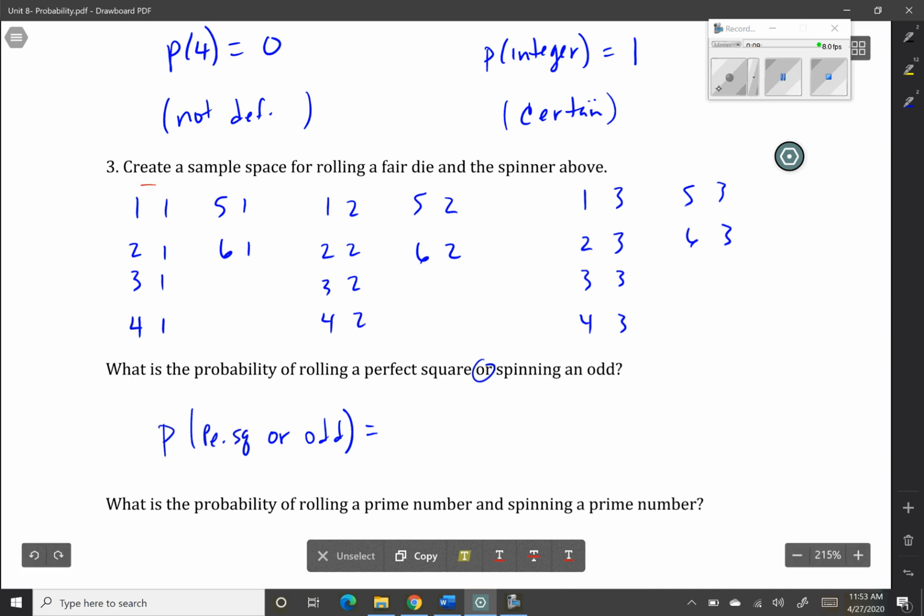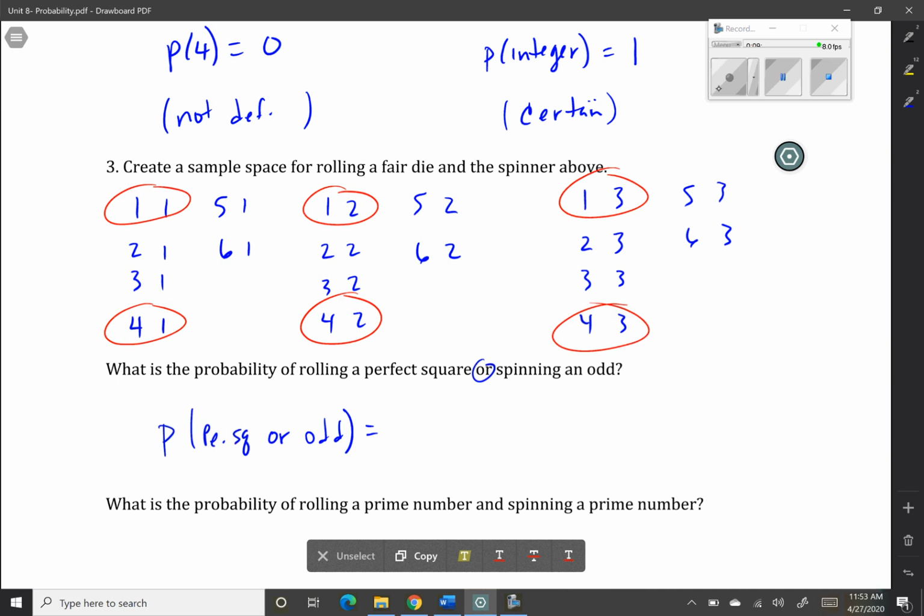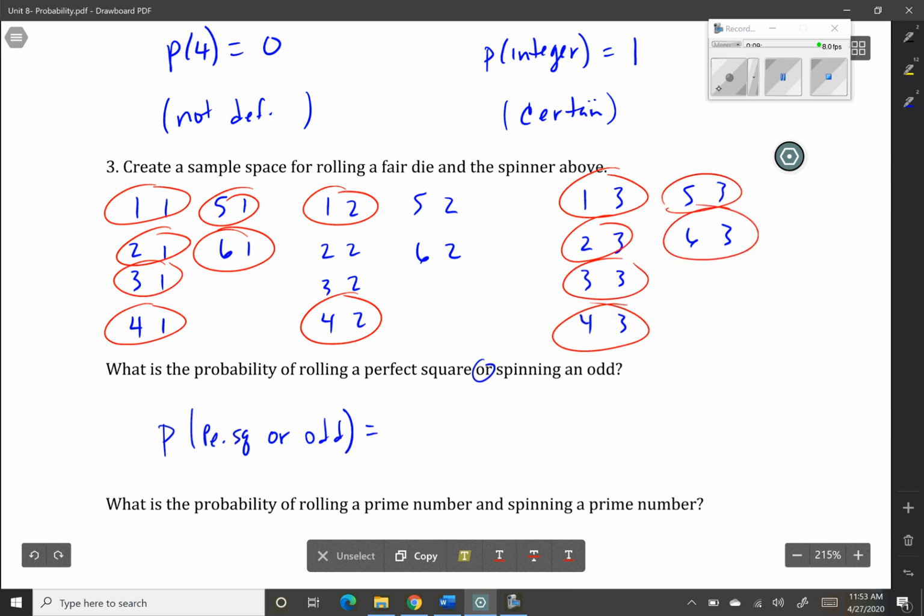So in that die column, anything that's a 1 or a 4 is going to satisfy this condition. And then on the spinner, anything that's odd: 1 is odd, and 3 is odd. Notice some of those would have satisfied both. We're just circling everything that satisfies one or the other.